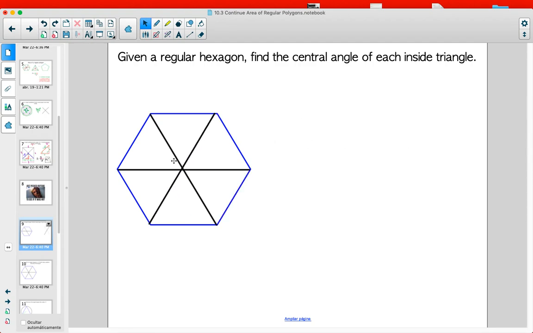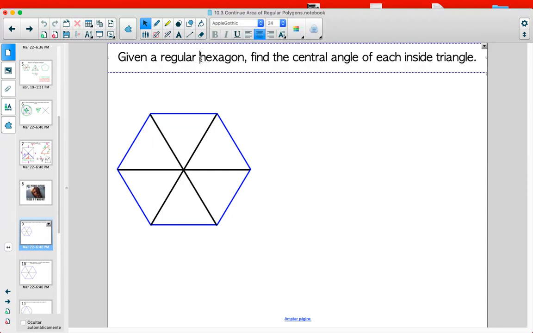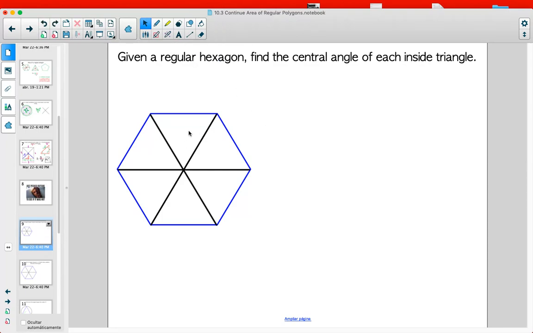Because this is a hexagon, hex means 6, there should be 6 radii: 1, 2, 3, 4, 5, 6. You always want to make sure you go to the corner. You do not want to go to a random point on the side.